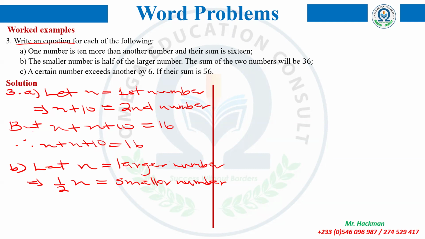In the same way, if I know the smaller age and I want the bigger age, I have to multiply the smaller age by 2. If I know the bigger age and I want the smaller age, I have to divide it by 2. Point well made.